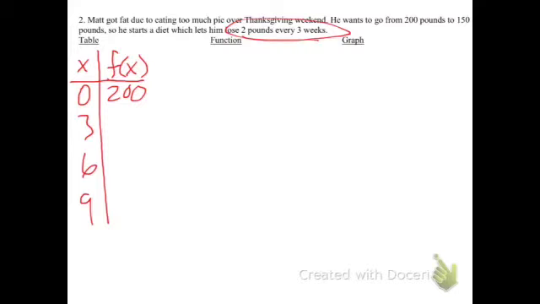So I counted by threes, because I know that in 3 weeks, it's just going to be subtract 2 pounds, which is really nice. So we're going to go down to 198. And 3 weeks later, I'm losing 2 more pounds, so 196. And then 3 weeks later, again 2 pounds to get down to 194.